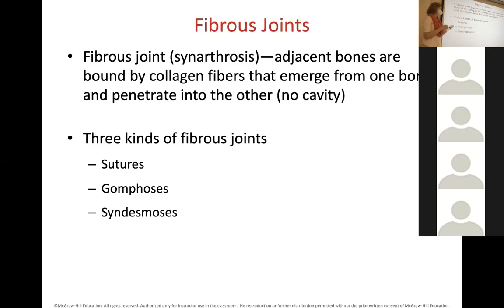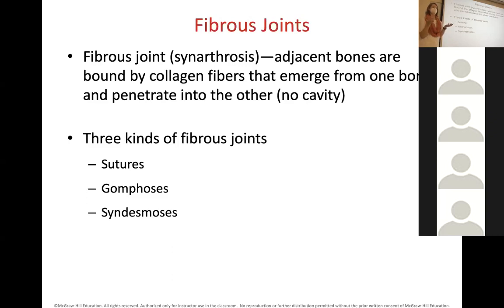There's a few different ways those bones can be joined. So there's actually 3 different categories within the fibrous joint category based on the structure of those collagen fibers. So I'll talk about that in a minute. In fibrous joints and cartilaginous joints, so these first 2 major categories, there is no joint cavity.